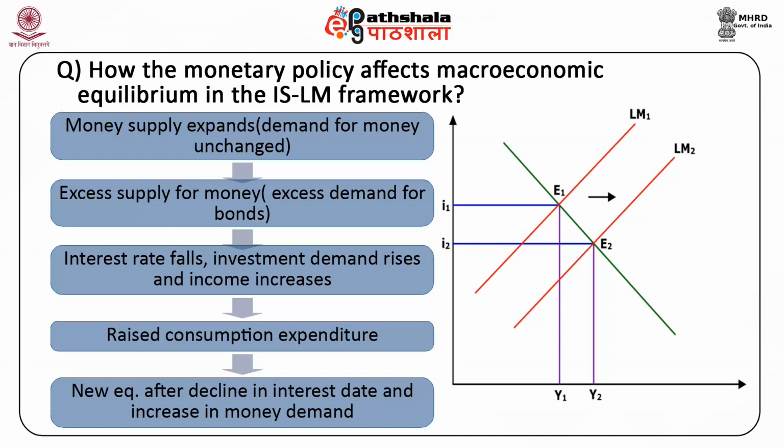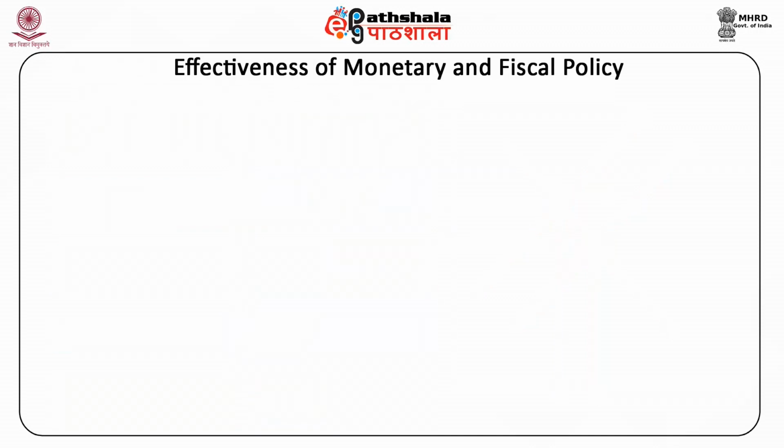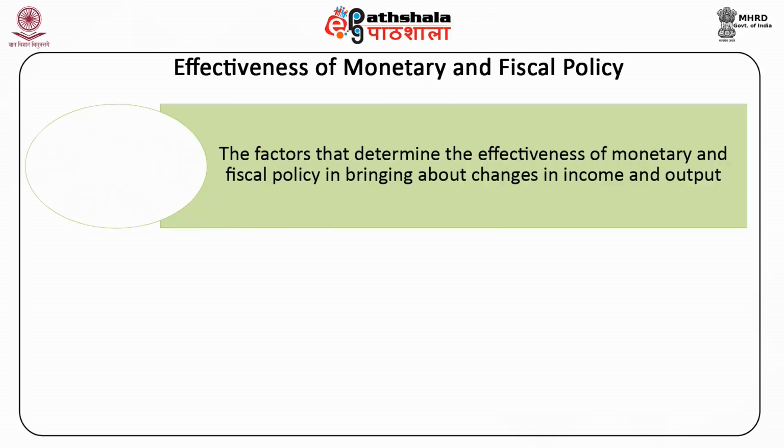This happens at the point E2 where the IS curve intersects the new LM curve LM2. Let us now move over to look at the effectiveness of monetary and fiscal policy. We will now discuss some of the factors that determine the effectiveness of monetary and fiscal policy in bringing about changes in income and output.